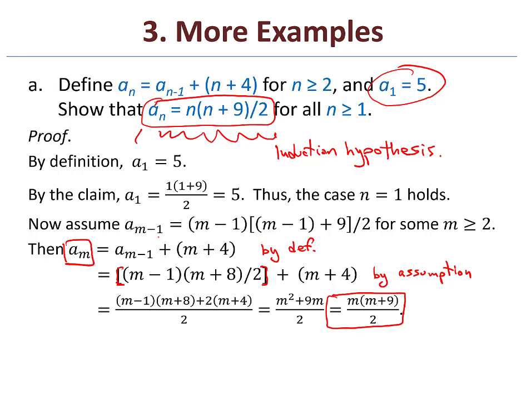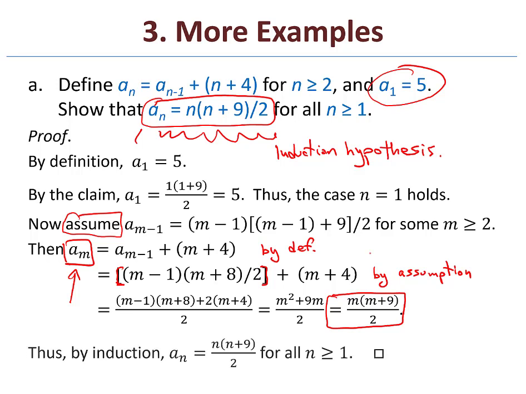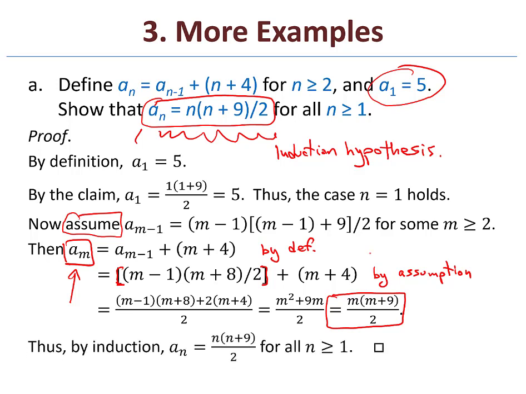So in fact, if I assume my induction hypothesis, if I assume that the claim works with subscript m minus 1, then I've just shown the claim works with subscript m. This proves the induction. By induction, a sub n equals n times n plus 9 over 2 for all n greater than or equal to 1.